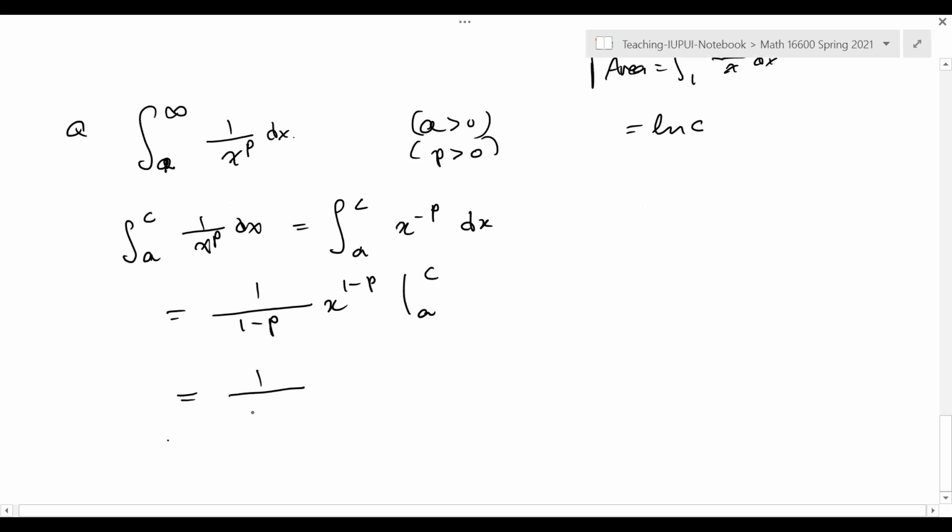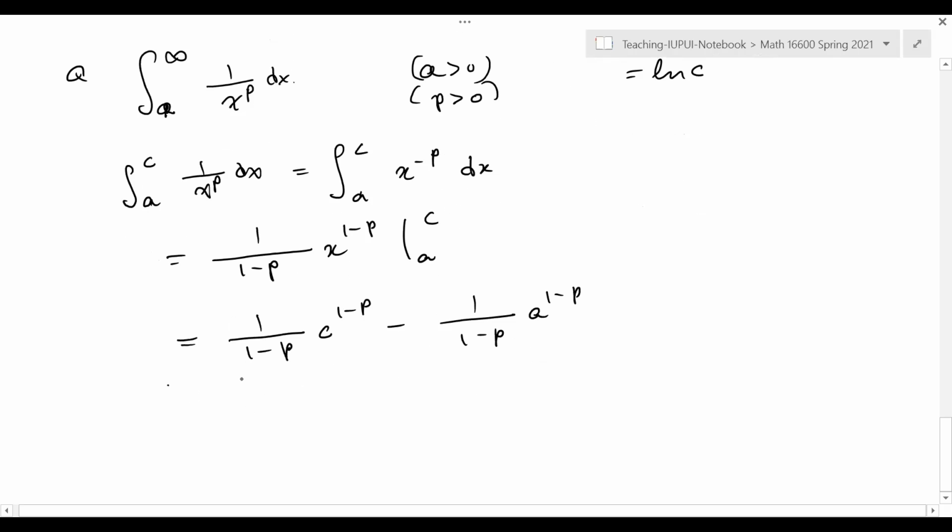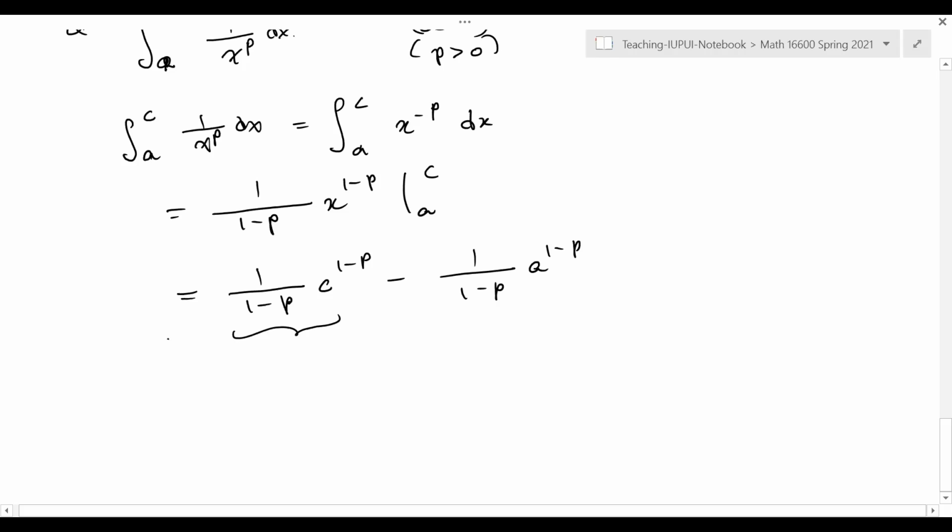So it's going to be 1 over 1 minus p times c to the 1 minus p, minus a to the 1 minus p. You don't need to worry about the second term because it's fixed. You only need to worry about whether this term is going to be finite or not.